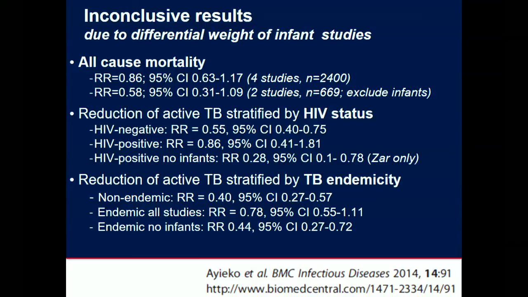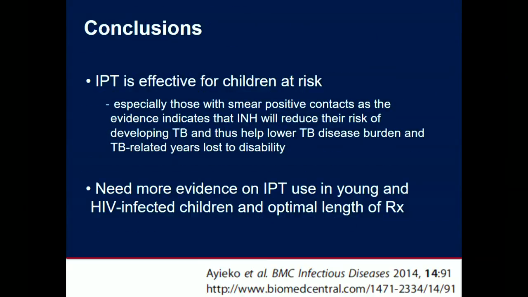So this is what's driving policy for IPT in children. So in conclusion from this meta-analysis, we really can see that IPT is effective in children, but particularly children at risk of TB, children who have contact. But we need more evidence on IPT use in young HIV-infected children and the optimal length of treatment.